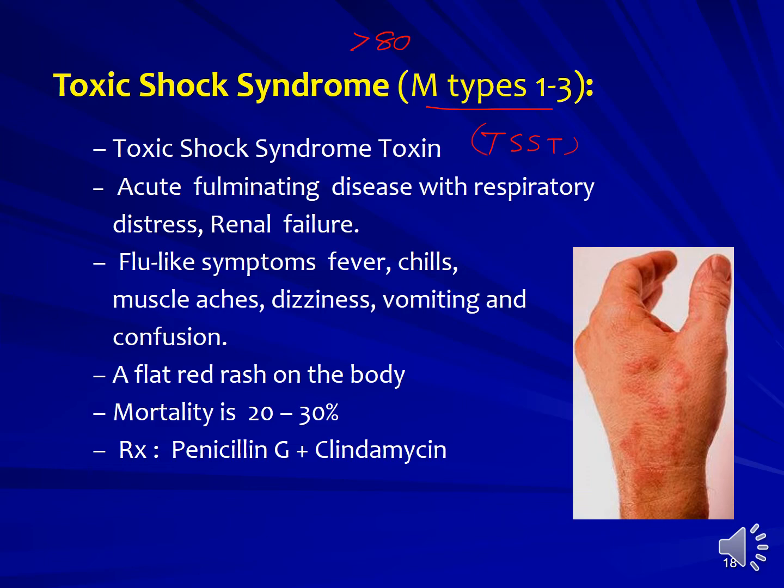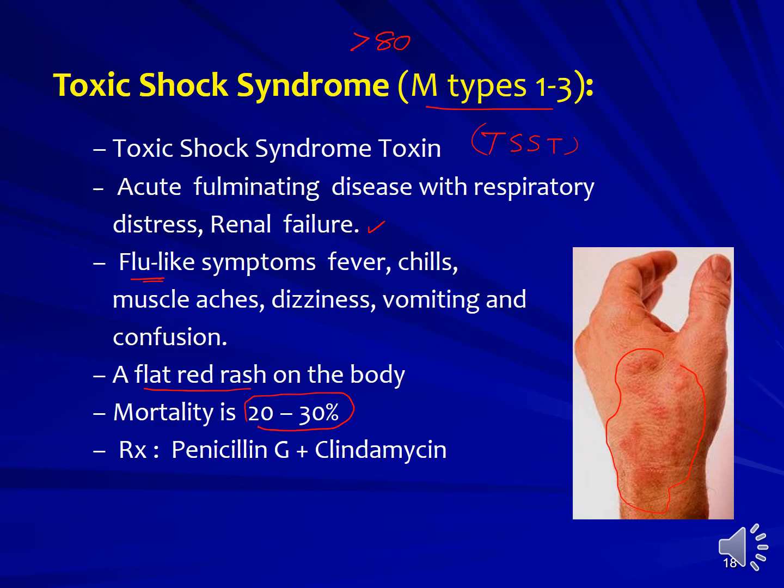This toxin is responsible for acute fulminating disease with respiratory distress and renal failure. Flu-like symptoms are seen among individuals suffering with this TSS, like fever, chills, muscle pains, dizziness, vomiting and confusion, and a characteristic rash is produced, a flat red rash present on the body. It is associated with heavy mortality, around 20 to 30%.